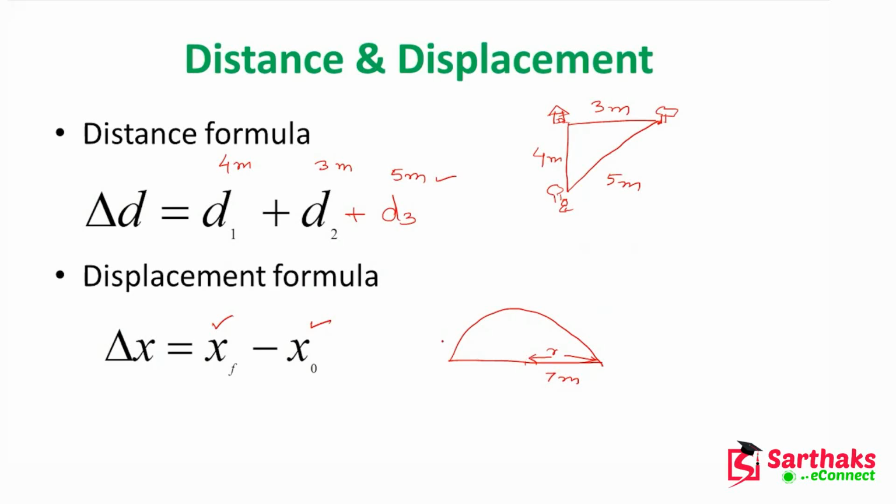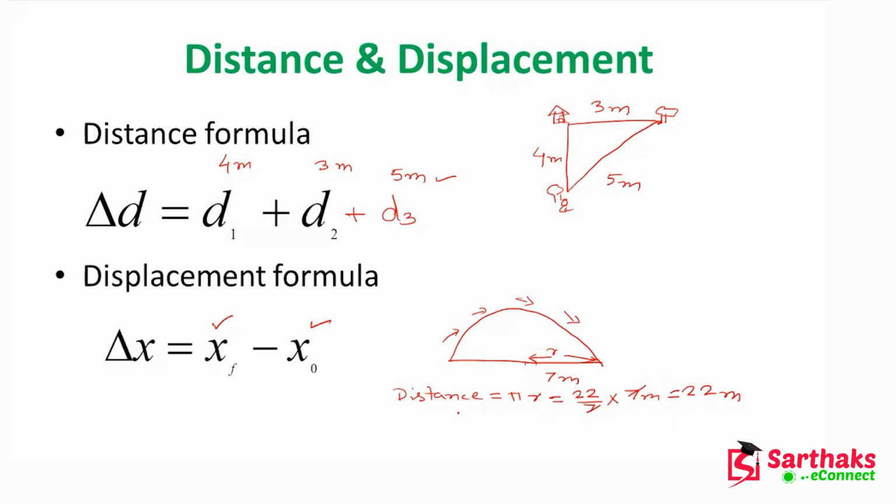First thing, if I follow this semicircular path, then the distance will be pi into R, that is 22 by 7. Pi value is 22 by 7 into 7 meter. So it will be 22 meter. 7 will be cancelled. So 22 meter.